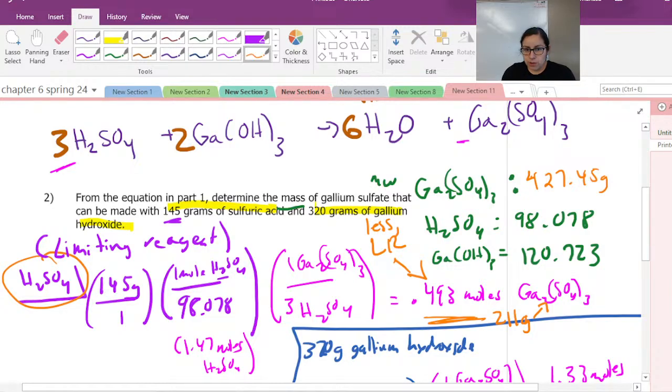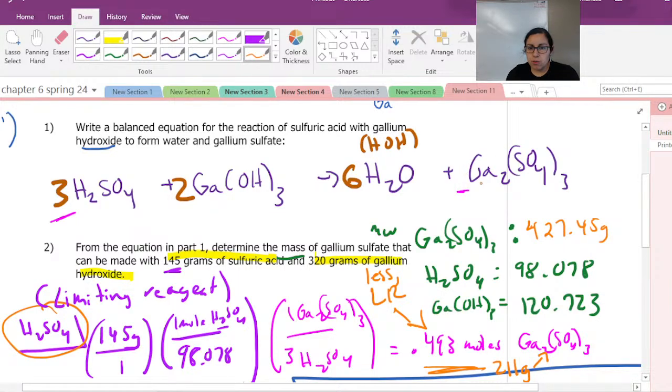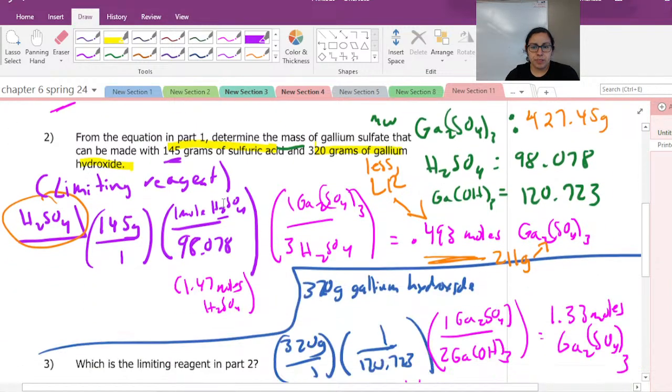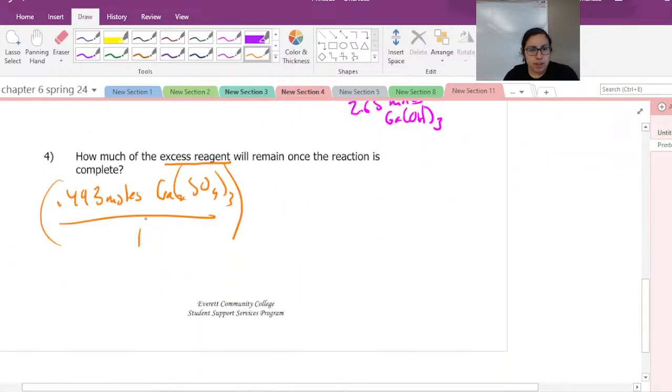So we need to just focus on our gallium hydroxide and our gallium sulfate. So basically we're trying to calculate, well, now that we know our sulfuric acid is going to be consumed first, how much of our gallium was consumed? So let's answer that. And so they're in a 1-to-2 ratio. And so now we can say, well, for every 1 mole of our product, we needed 2 of our gallium hydroxides.